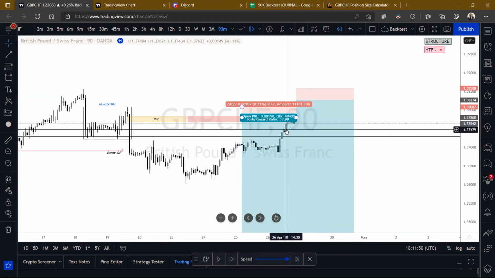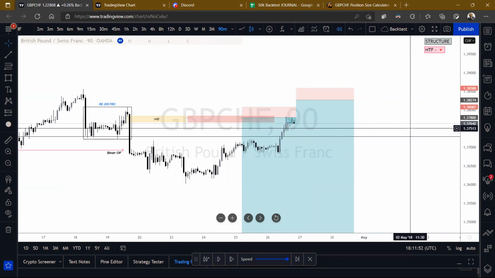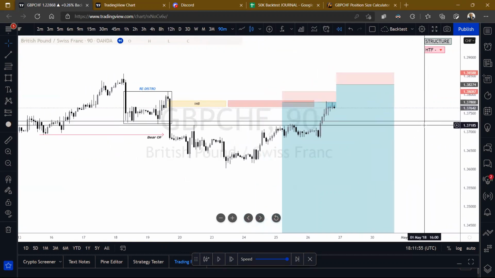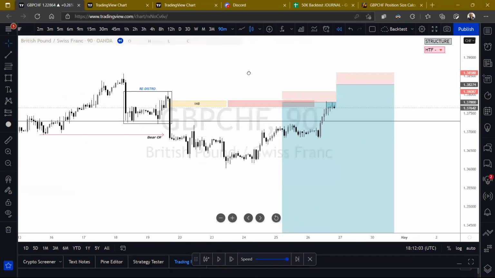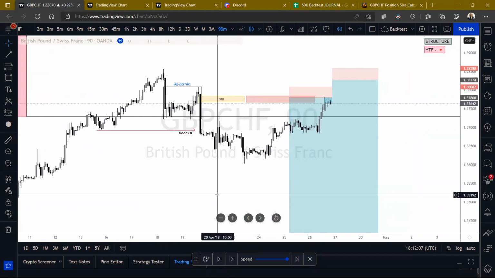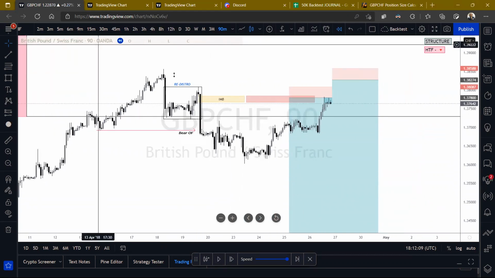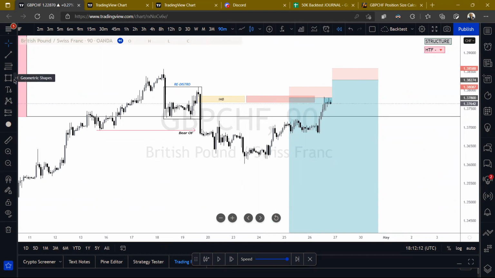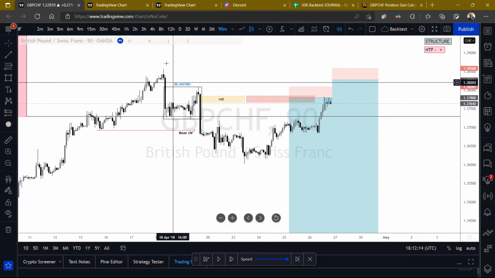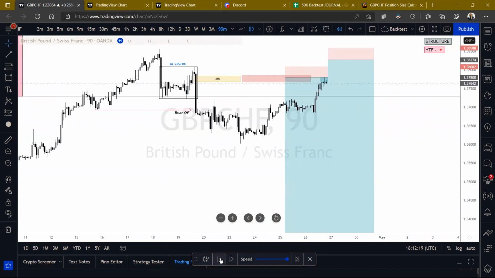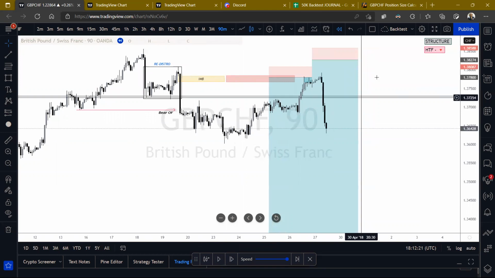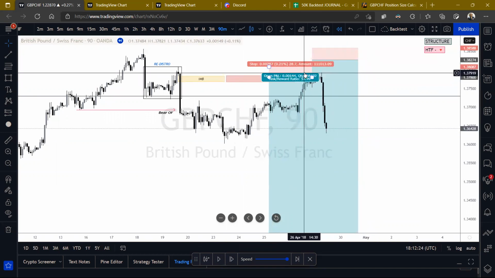Okay, so that's activated perfectly at 2:30. Right, price went a little bit higher up.